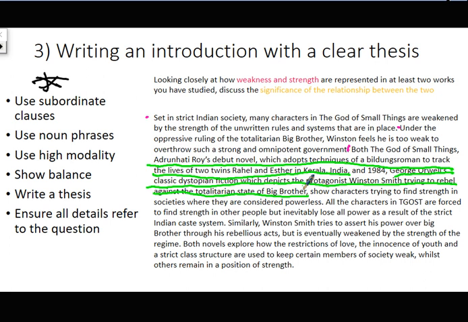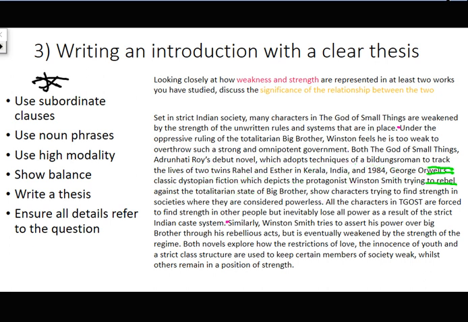So even when we're giving extra information, we've balanced it. All the characters in The God of Small Things. We then have another sentence that is just directly about one text, but that's followed by another sentence that talks about the other text. So just make sure you show balance throughout your essay, but also in your introduction.